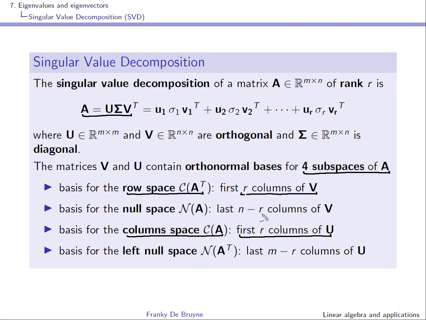The last n minus r columns of V correspond to the null space, and the last m minus r columns of U correspond to the left null space. So if you have this singular value decomposition, then it's very easy to find this orthonormal basis.